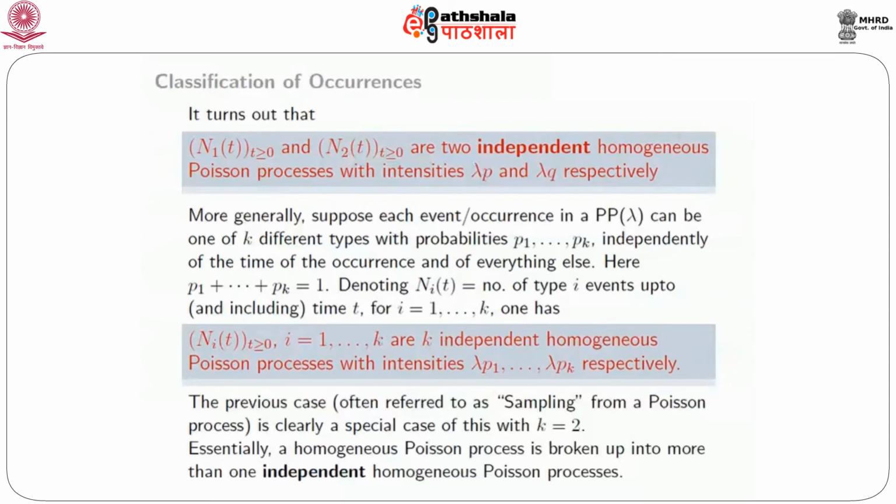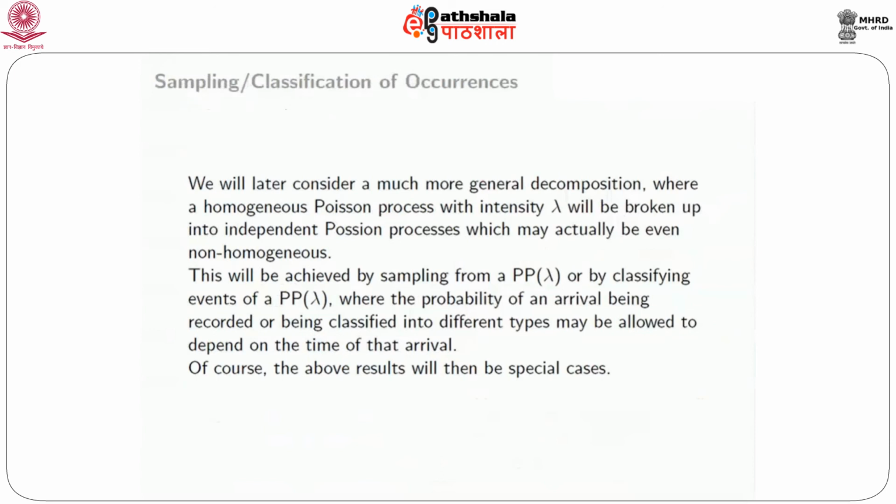The previous case, often referred to as sampling from a Poisson process, is clearly a special case with k equal to 2. There are only two types, recorded or unrecorded. Essentially, a homogeneous Poisson process is being broken up into more than one independent homogeneous Poisson processes in both cases.